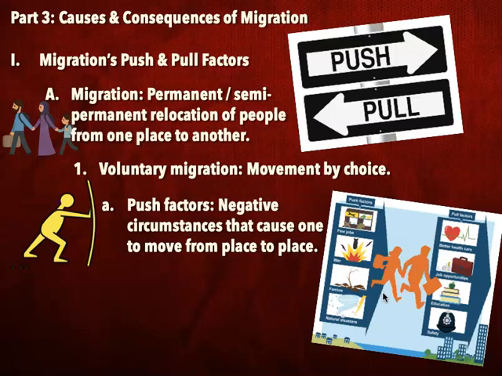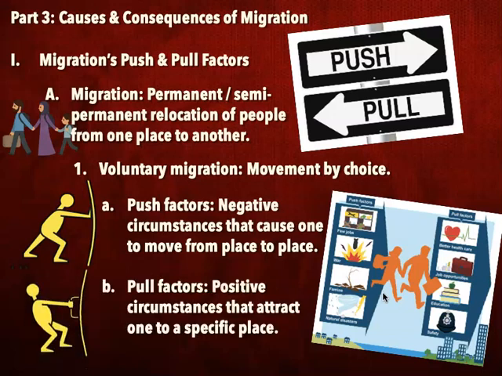There's a long list, and you'll get into some of these when you start digging into migration in your textbook and some of the other work that we'll do. But it's anytime you have something that is a bad thing, and it is making you consider wanting to move away from a place. Pull factors are the positive things that are bringing you to a new place.